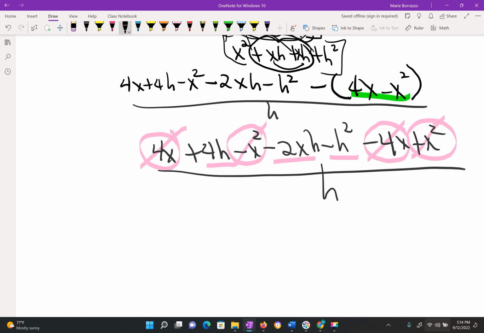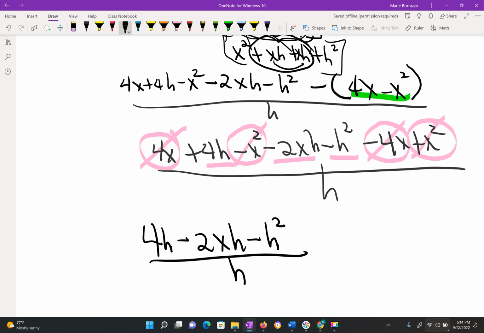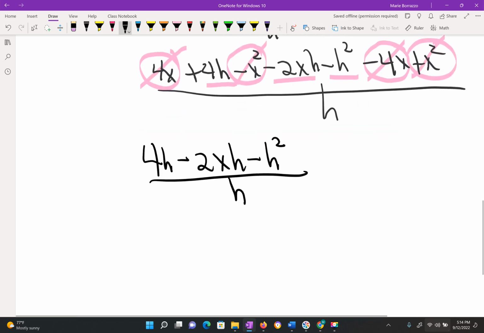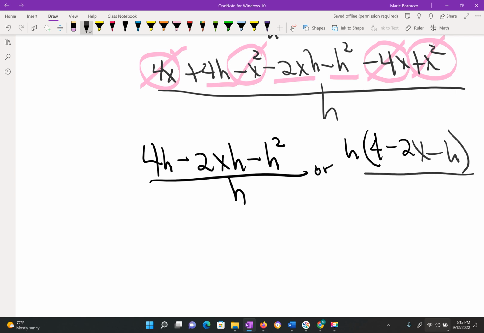So if this is 4h minus 2xh minus h squared over h, you can go ahead and either reduce it right away just by dividing each term in the numerator by h, or you can factor out h in the numerator, and you're going to get 4 minus 2x minus h, and all of this is over h.